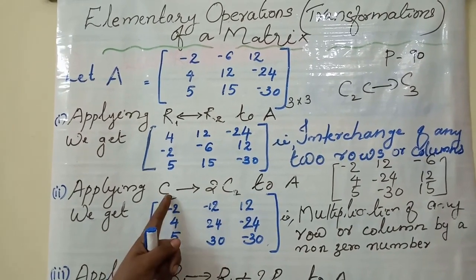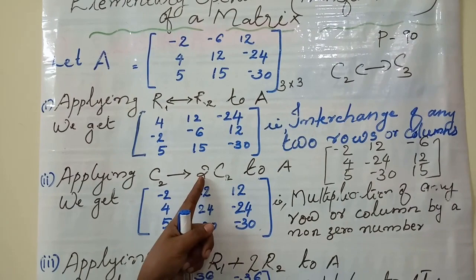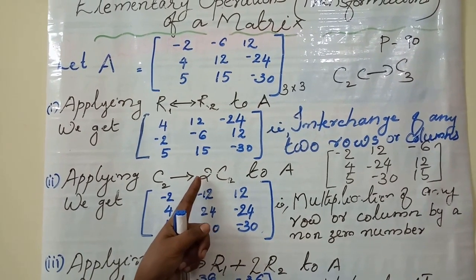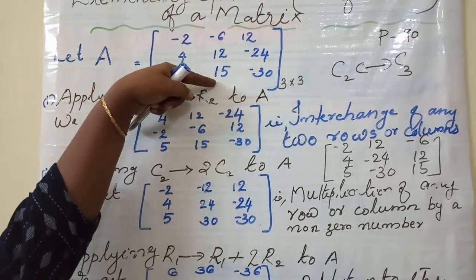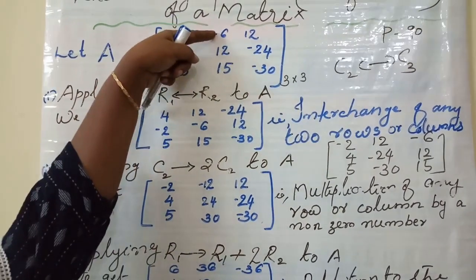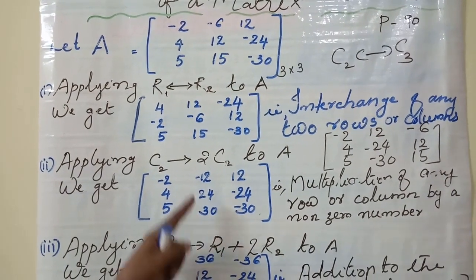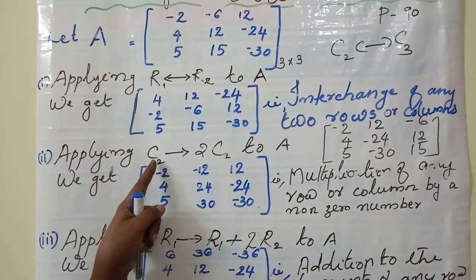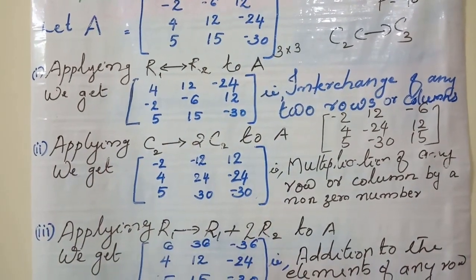Each element of C2 is multiplied by the scalar 2. So in the second column, each element multiplied means this becomes minus 12, this becomes 24, and this becomes 30. Only C2 changes; C1 and C3 are unchanged.